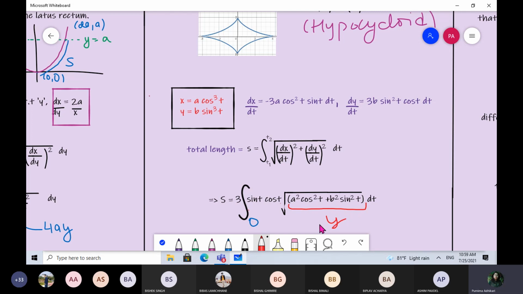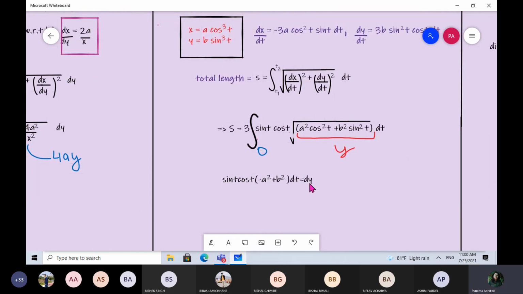Differentiating, dy will be equals to 2 times of cos t sin t, 2 times of sin t cos t. Okay, or definitely there will be certain constants. So this is going to be your differentiation part.